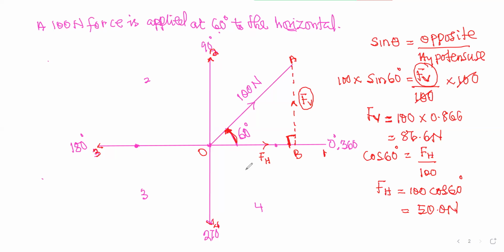Calculate the resultant if another 80 Newton horizontal force is added. It is added to what? It's added to the first question where we had 100 Newton force being applied at 60 degrees to the horizontal, and so we are adding another 80 Newton force.